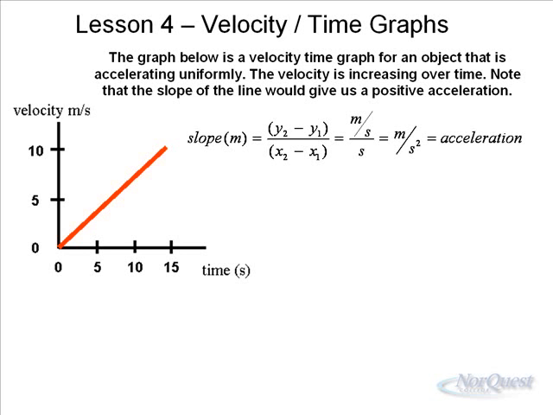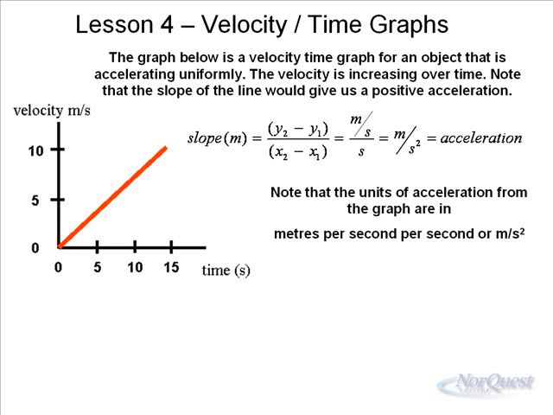That gives us meters per second squared. Later on in this course, we'll define acceleration in algebraic terms. But from the graph, you can see that you get the unit meter per second squared, which is the proper unit for acceleration. Note that the units of acceleration from the graph are in meters per second squared. As I said, we'll discuss that very soon in another lesson.